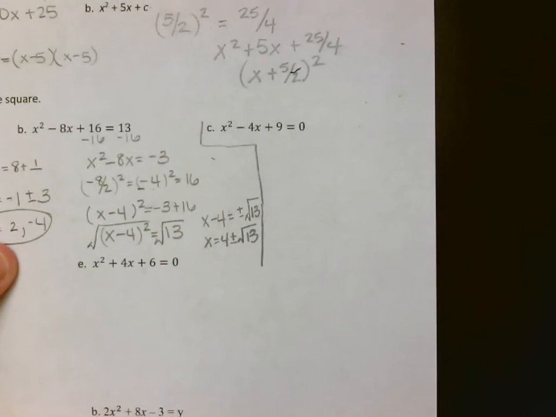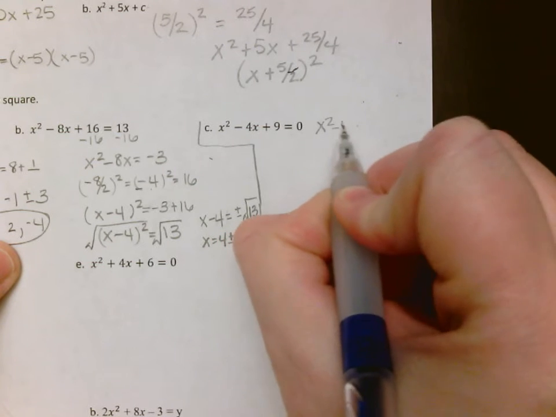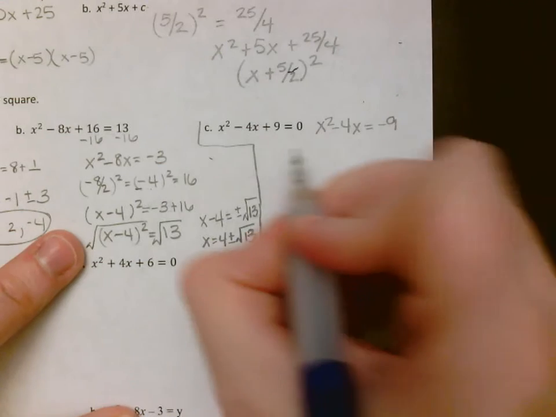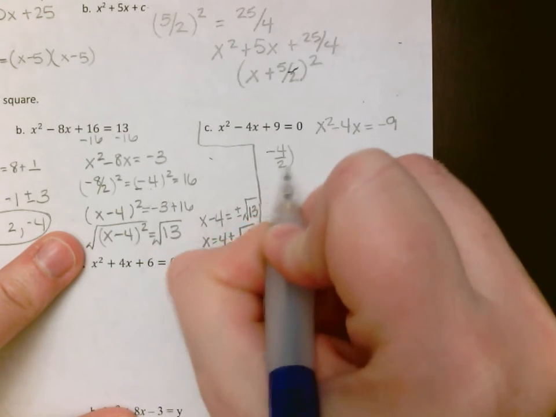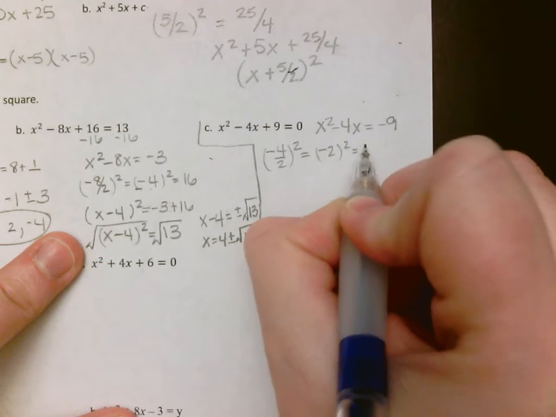So this next one, move the 9 over, I get x squared minus 4x equals negative 9. Negative 4 divided by 2 squared gives me negative 2 squared, which gives me 4.